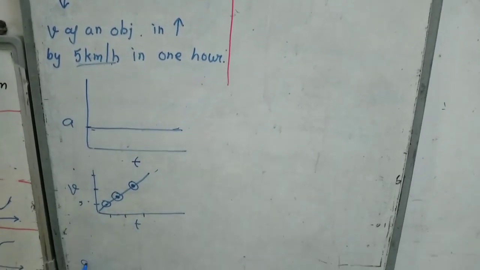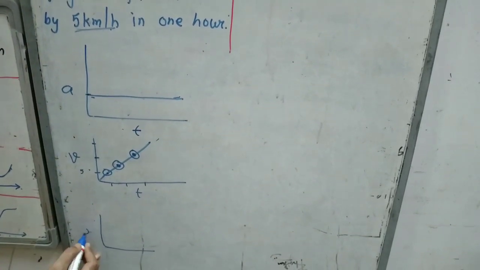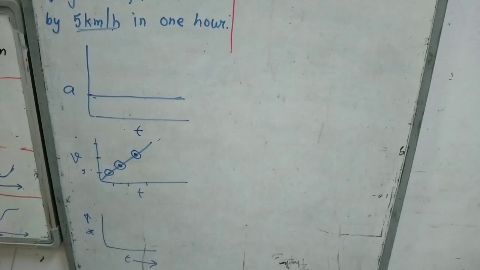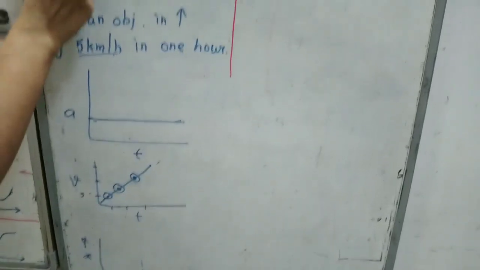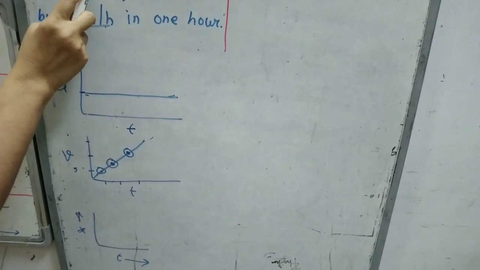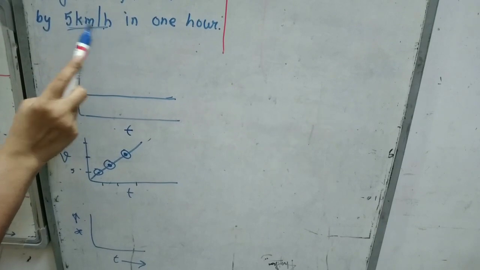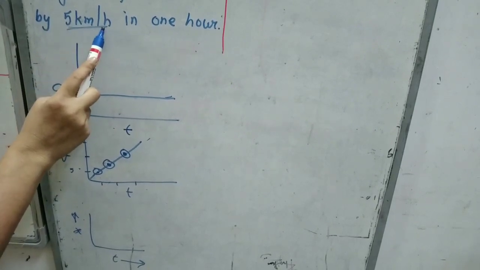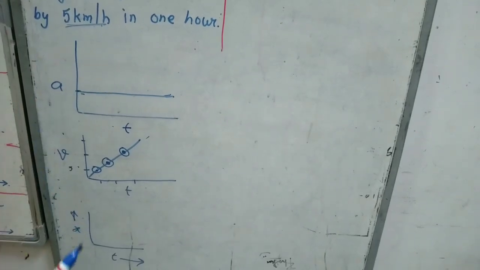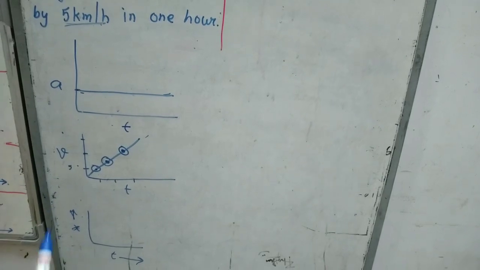Now, if we want to draw the position time graph of uniform acceleration, how do we define it? See, the object is accelerating with 5 km per hour square. That means in each single hour, velocity is increasing by 5 km per hour. If velocity is increasing, that means in each single unit of time, the displacement will be increased.